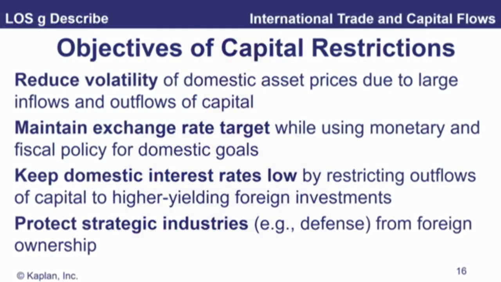So why do we bother? The objectives of capital restrictions. Here we go. We mentioned this earlier, reduce volatility. Could be to maintain an exchange rate target. So you'll see central banks, and certainly in the reading on monetary policy, we said potentially trying to target exchange rates. If they do that using monetary policy, then they're really restricted from using that to do anything domestically.